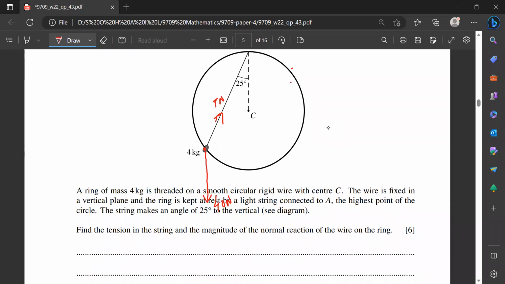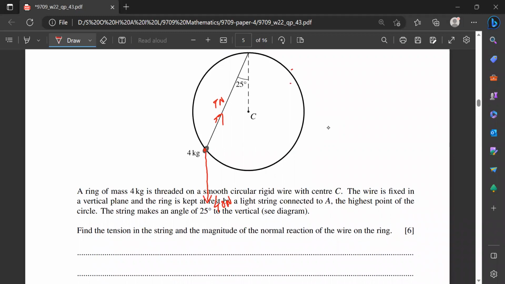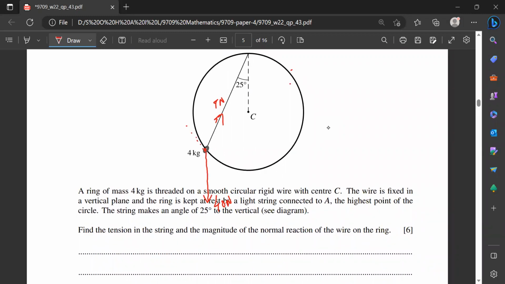As it's touching the circular wire from outside, first you draw the tangent, and the normal reaction is here. This is the normal reaction, say Rn newtons. So Rn is a question mark, and the tension in the string is a question mark.